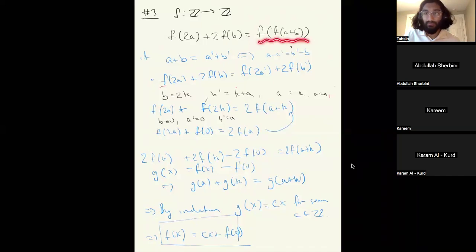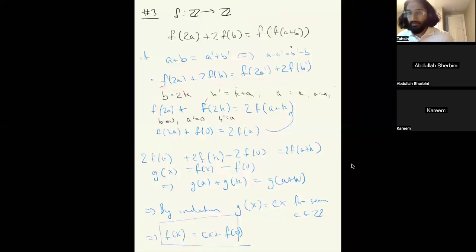It only depends on a plus b, so you can sort of ignore it if you correctly reinterpret. Okay, so let's go to the next question.